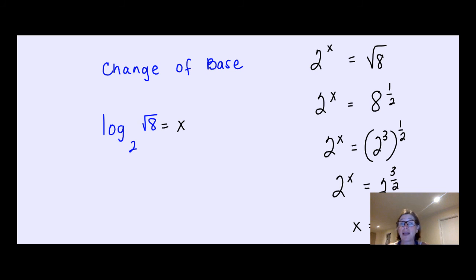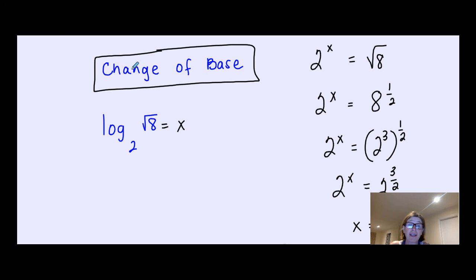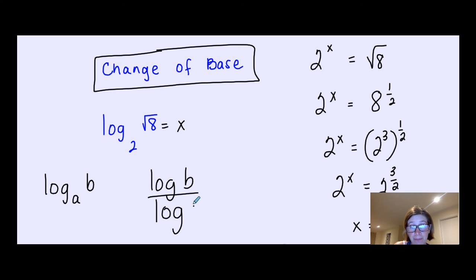So you could do it like that, but you could also use something you learned in algebra called the change of base. Your calculator could help you. And I love when we can actually think about using our calculator on the ACT, because the ACT lets you. Well, using the change of base says that if I have log base a of b, then I could put it in my calculator by writing it log b over log a.